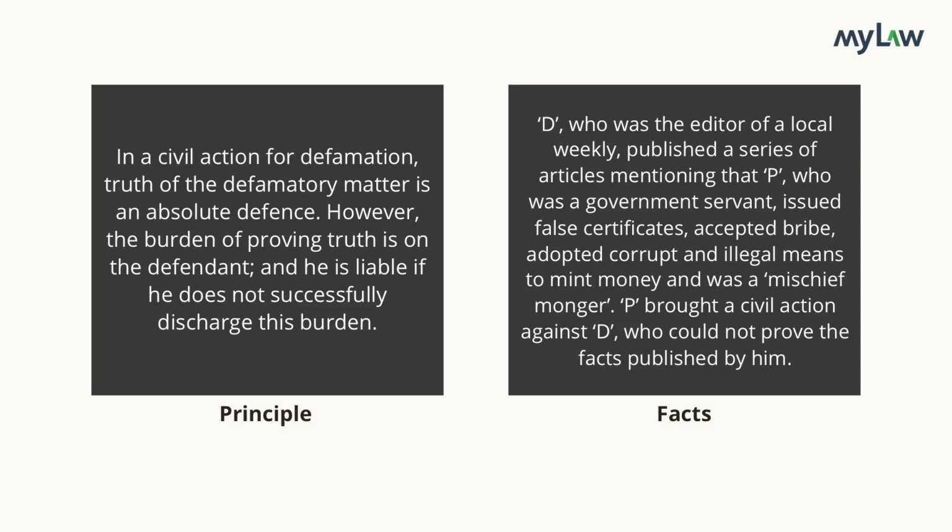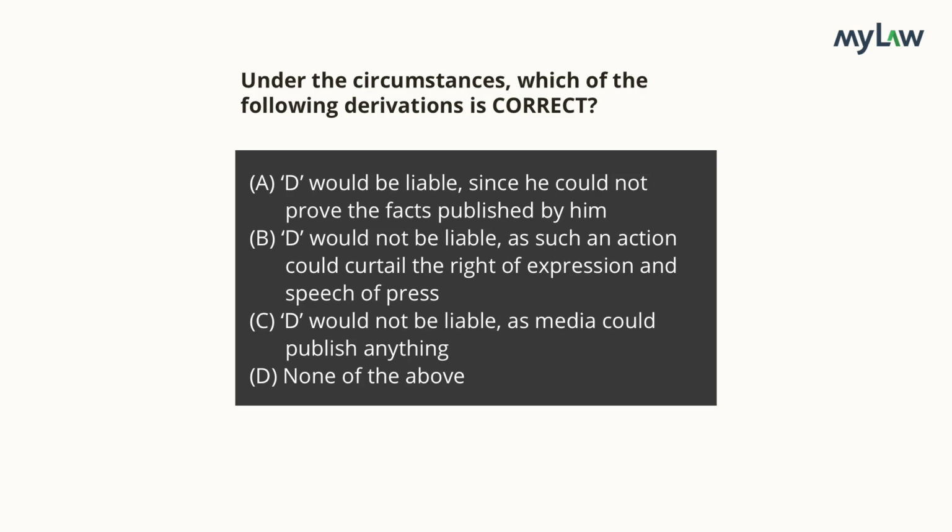D, who was the editor of a local weekly, published a series of articles mentioning that P, who was a government servant, issued false certificates, accepted bribe, adopted corrupt and illegal means to mint money, and was a mischief monger. P brought a civil action against D, who could not prove the facts published by him. Under the circumstances, which of the following derivations is correct?